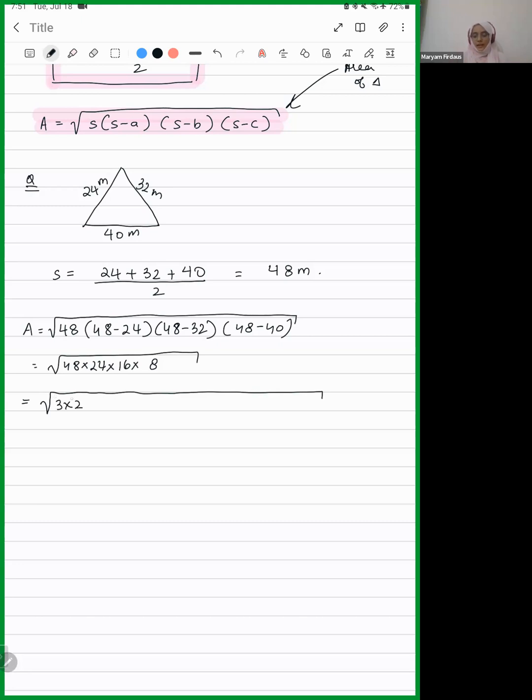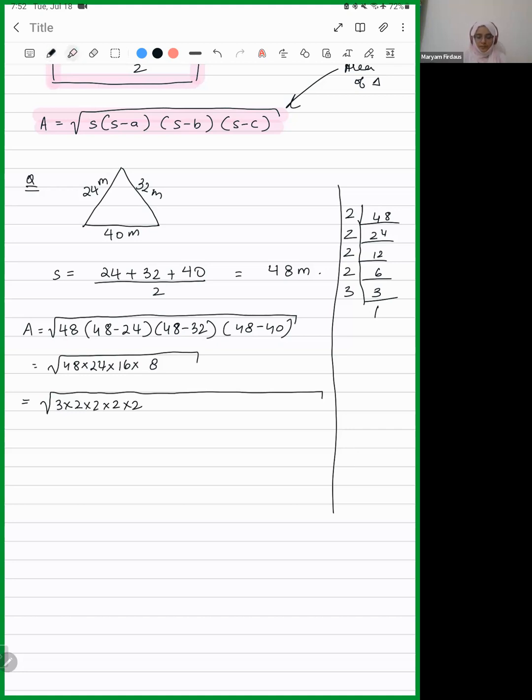Each of them we will be doing prime factorization. 2 24s are 48, 2 12s are 24, 2 6s are 12, 2 3s are 6, 3 1s are 3. So this is the prime factorization for 48. That's 2 multiplied 4 times, and then there's a 3 over there. So this is my 48.